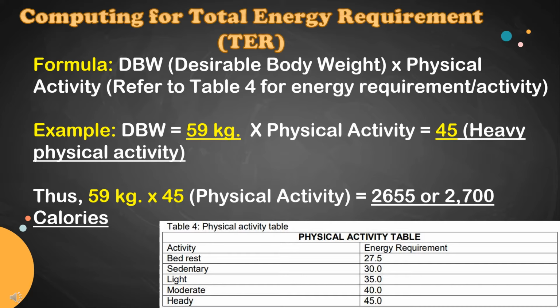Then, the energy requirement for that is 45. Therefore, 59 kilograms will be multiplied by 45. And the answer is 2,655 or 2,700 calories. This amount of calories is needed if you are 59 kilograms and you will do a heavy physical activity.